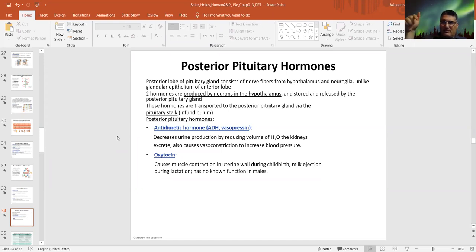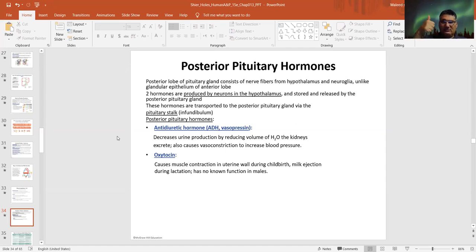When the baby stops stimulating the nipple by suckling, the oxytocin is not released anymore, there is no muscle contraction, and the milk stops going out. So oxytocin has two functions: the uterus, and the muscles around the mammary lobules.